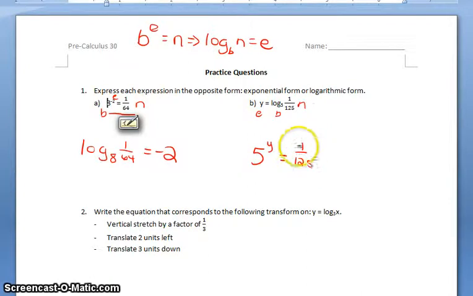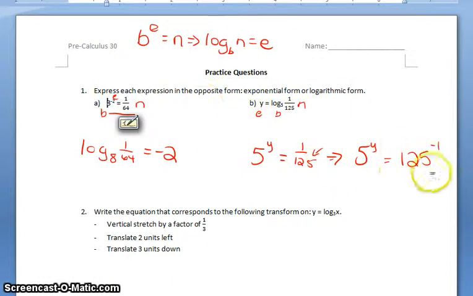Okay, so putting that in, we have b is 5, the exponent e is y, is equal to 1 over 125. If you want to try solving these, you should be able to come up with an answer here. But you don't have to, but if you want to, sure, let's give it a shot. So we have 5 to the y, and let's change this so it's not a fraction. So it is equal to 125 to the power of negative 1.